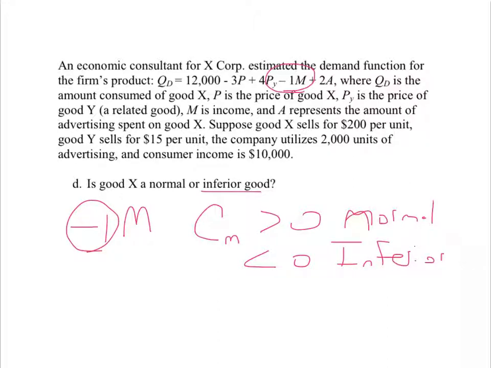So we can use the general demand equation not only to compute values, not only to derive direct demand, but we can use these coefficients to determine what kind of good we have and the relationship it has with other goods. This will be important when we get into the third week, the next week's lesson on elasticity. We'll see more how we can use these coefficients in the general demand equation.